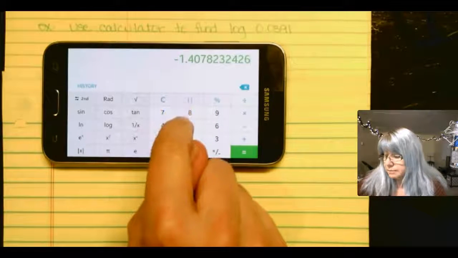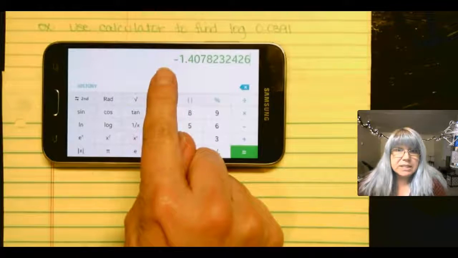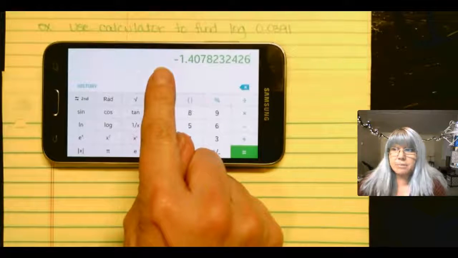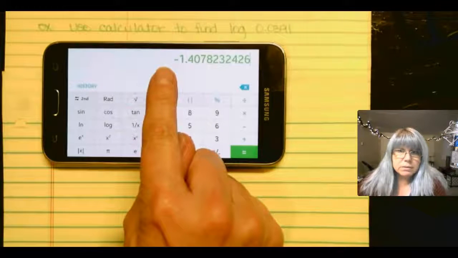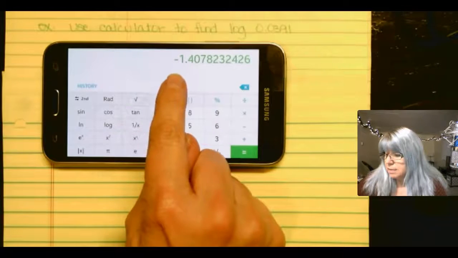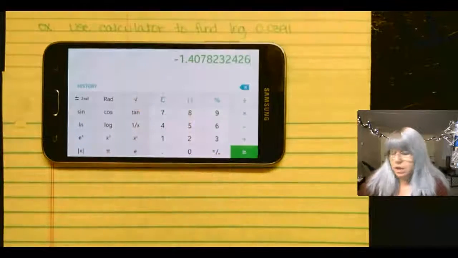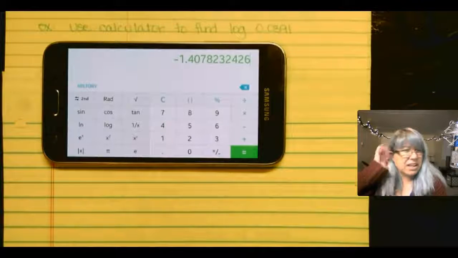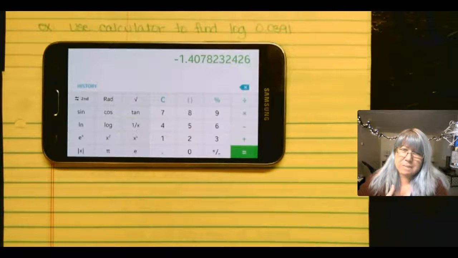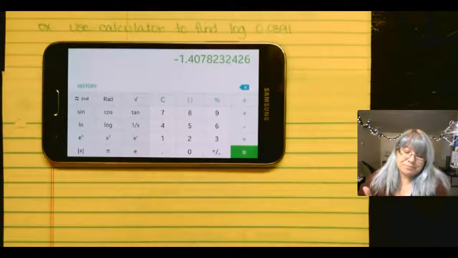0.4078, we'll call it. The characteristic will tell us if it is a number greater than 1. And the mantissa will tell us what portion of the power we need extra. Kind of, sort of. The characteristic, I think, is more important to me than the mantissa.